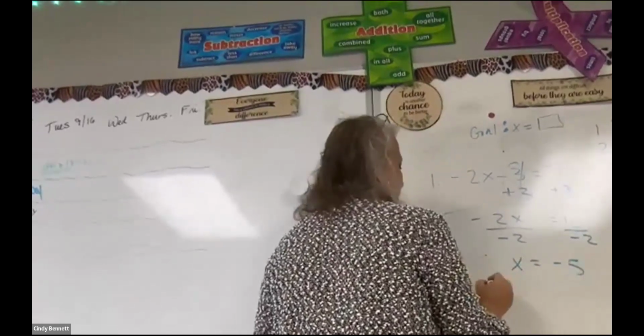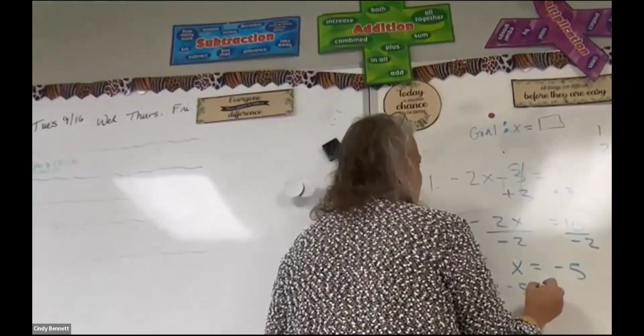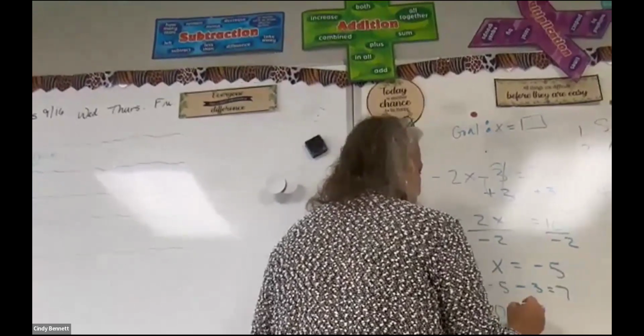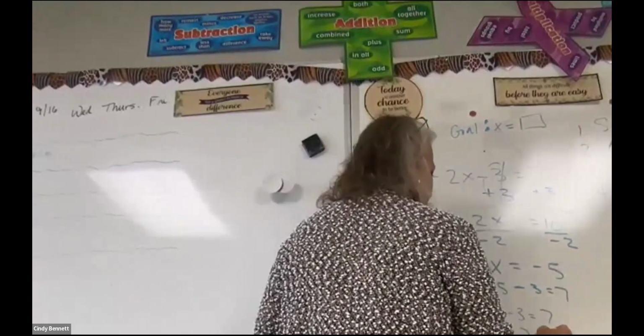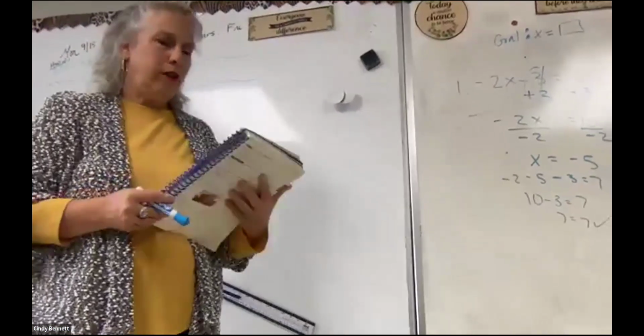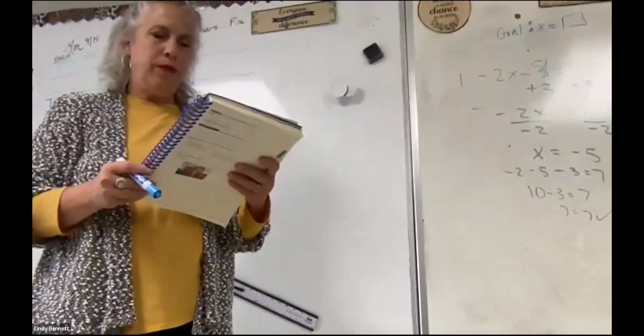Okay, and then we're gonna check. -2 times -5 minus 3 equals 7. And it checks out. All right, so there we go.